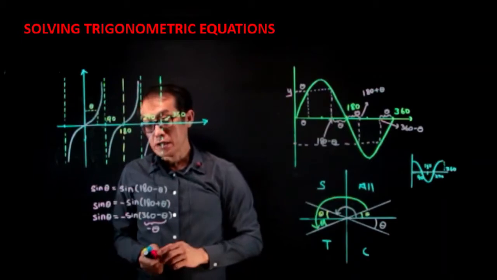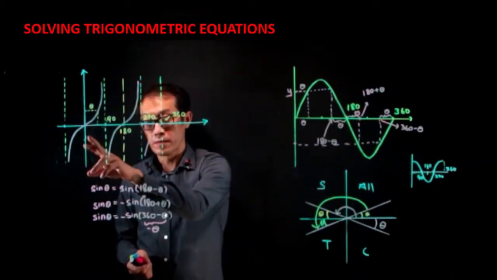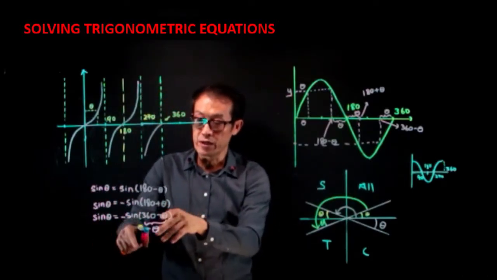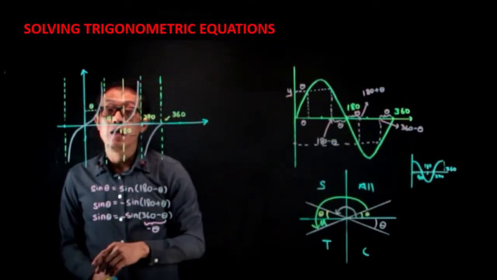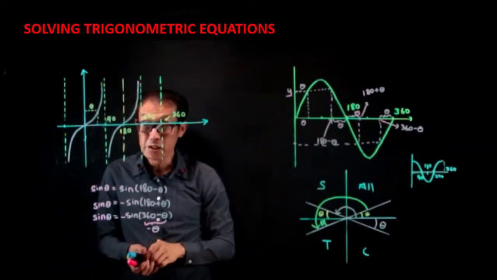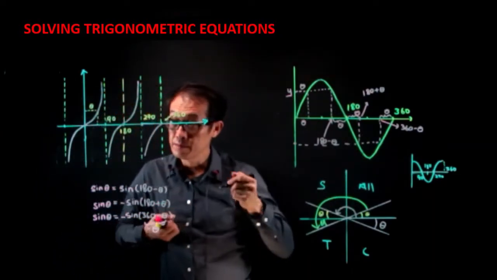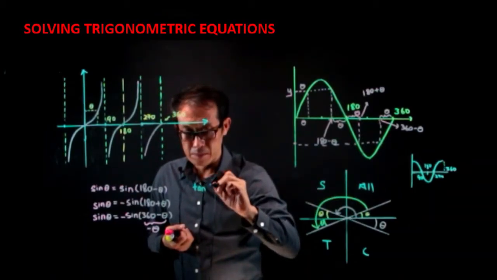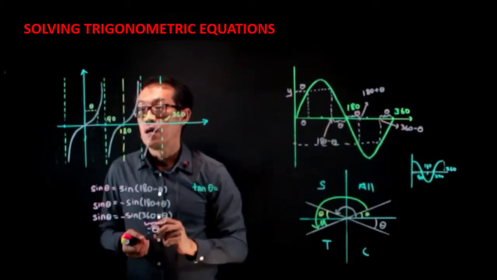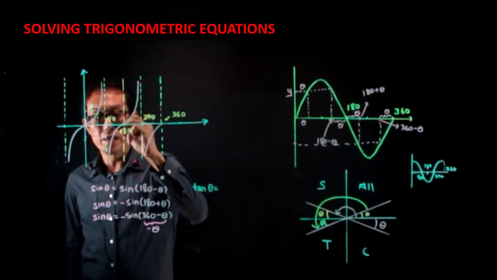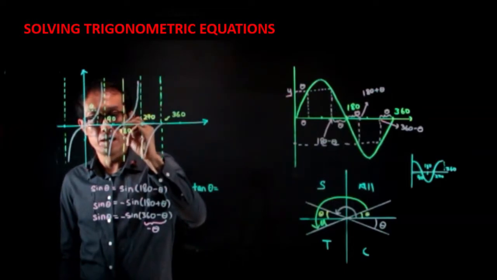Now let's look at tangent. All these will give you the same value, but now look at tangent. You have tangent theta. Now you move theta away from here. This is theta.